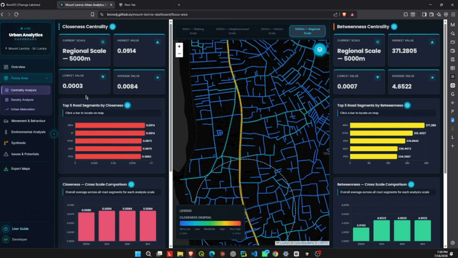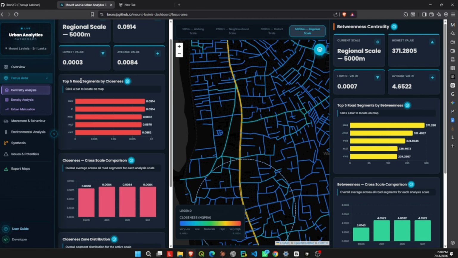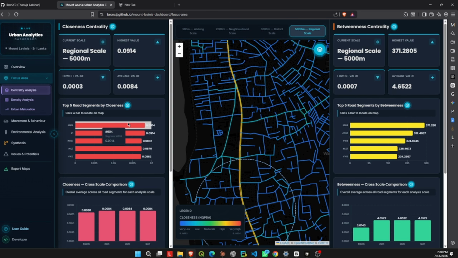The current scale shows which distance we are analyzing now. You can see the highest value, lowest, and average. From these four values we can get a quick understanding of whether accessibility is balanced or concentrated in a few core streets.